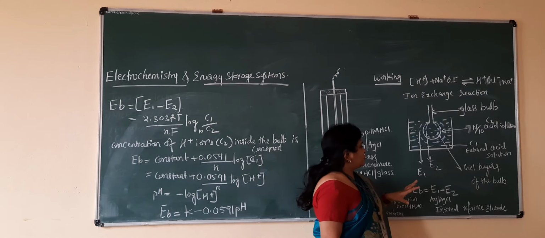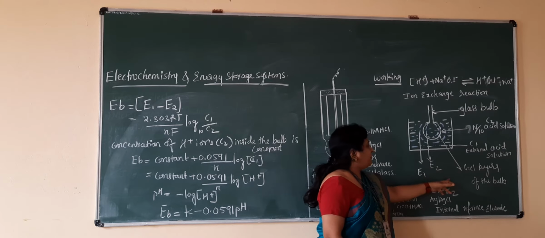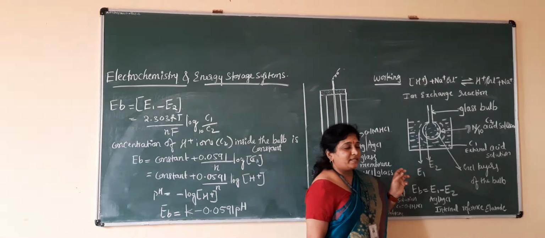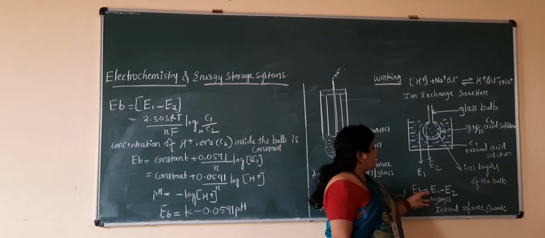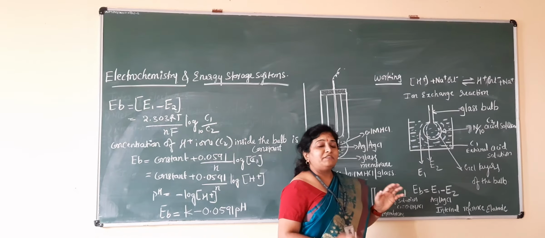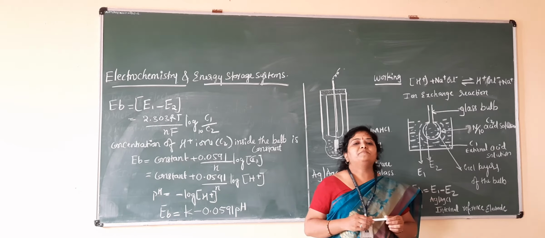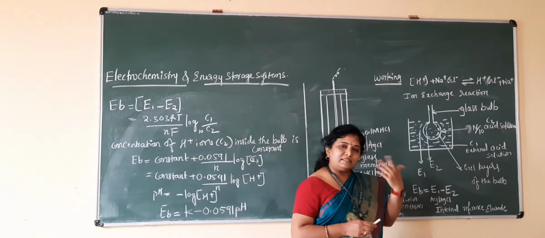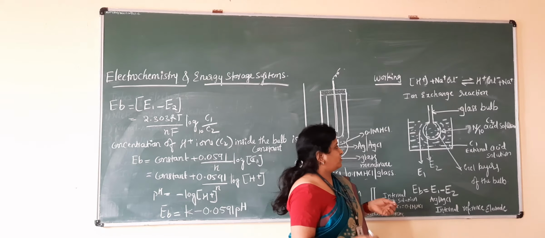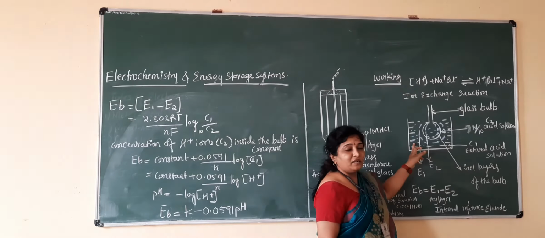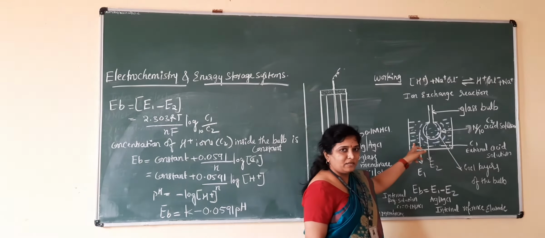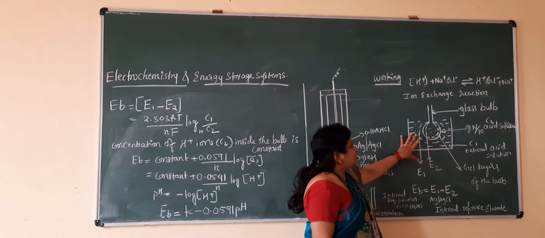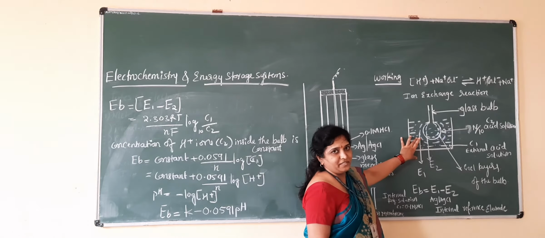What happens to the gel layers of the bulb? They develop a potential. Why does the potential arise? They develop a potential EB due to the difference in the concentration of the acid solution, inside and outside. Outside there is acid solution, and inside also acid solution is there, but the concentrations of the acid solutions are different.